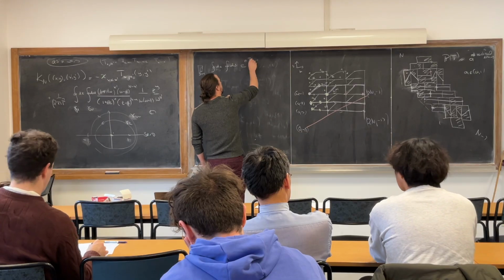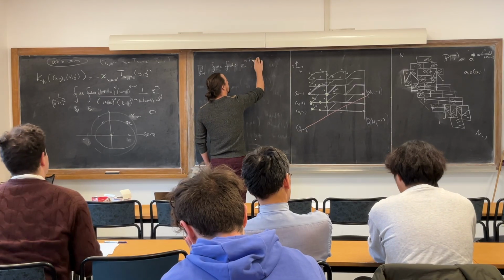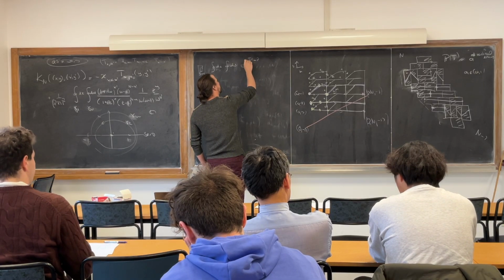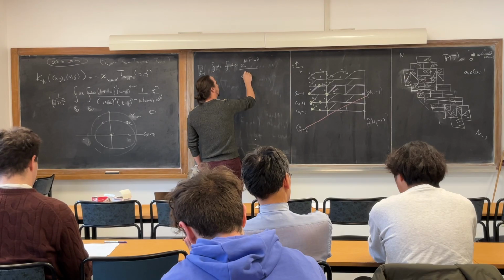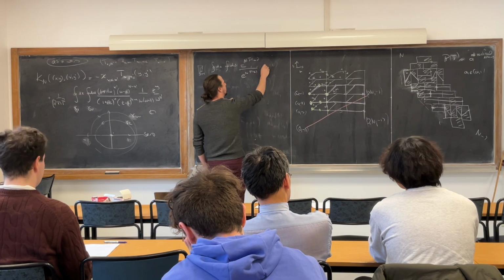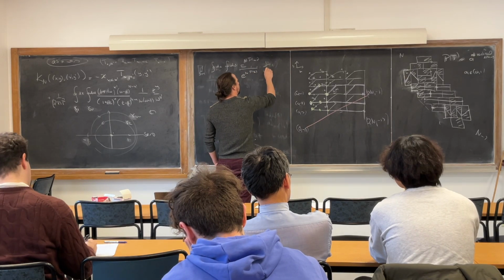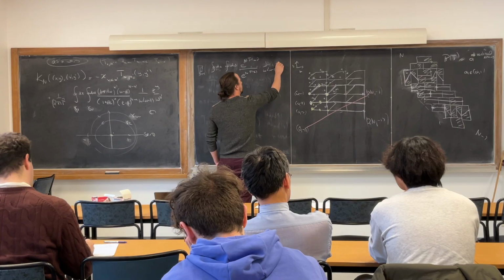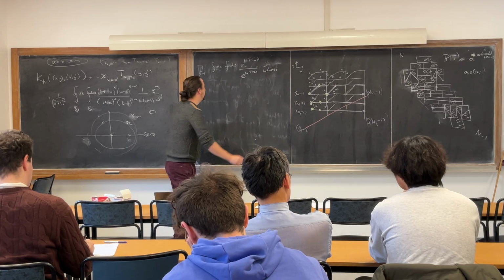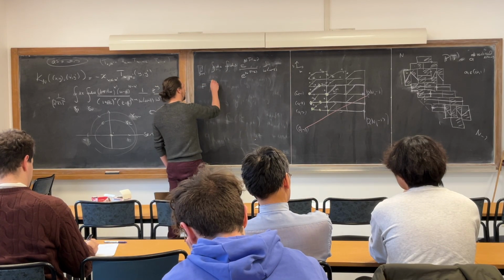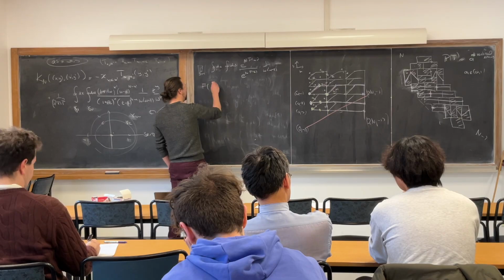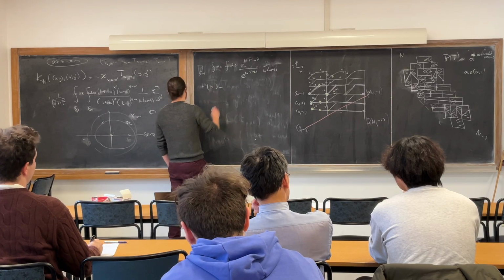It's e to the n of w over e to the n of f(z), and then we have 1 over w minus z. Okay, where f of z is what?